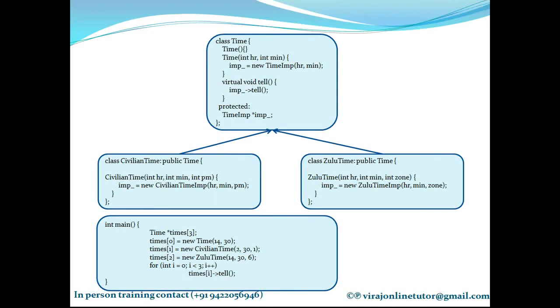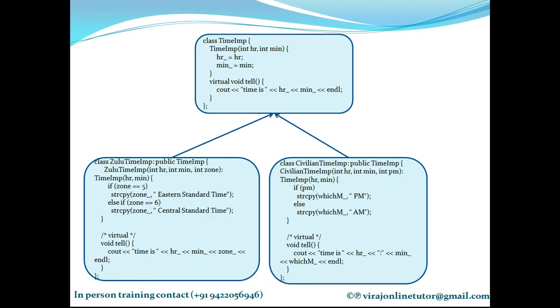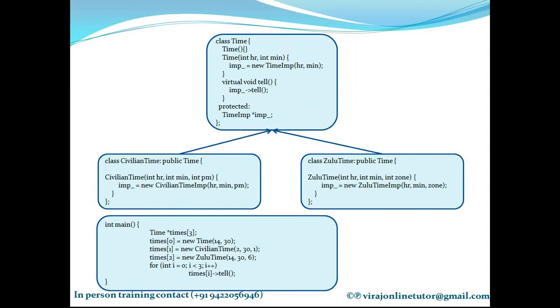So this is the interface hierarchy and that was the implementation hierarchy. Now in the main function, okay, so how is this a bridge pattern, tell me? Because I have one hierarchy of interfaces only, which in turn is creating objects of implementation classes.